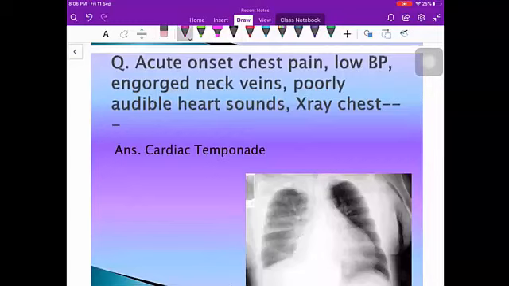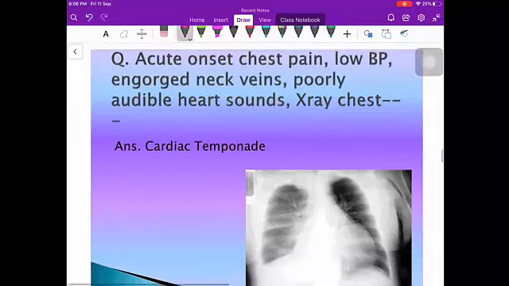Next question, acute onset of chest pain, low blood pressure, engorged neck veins, poorly audible heart sounds, X-ray chest was done. Friends, there is a long question which is written and the students are not able to remember the long question. So they just send the main points and I've just collected and made these slides.